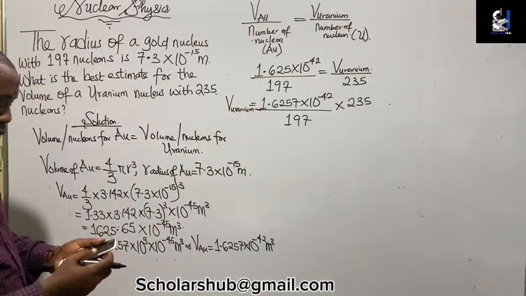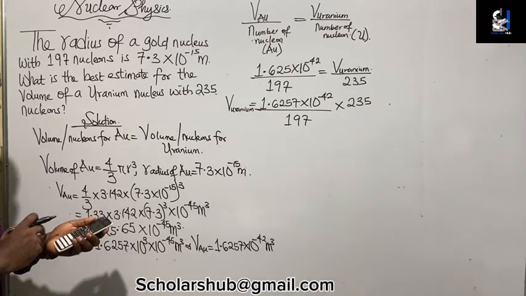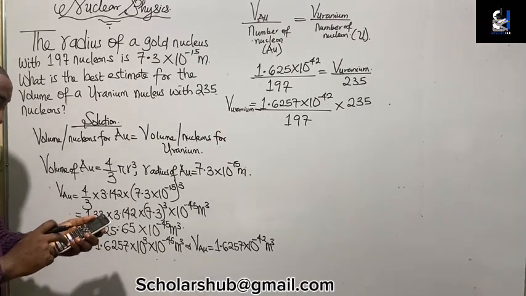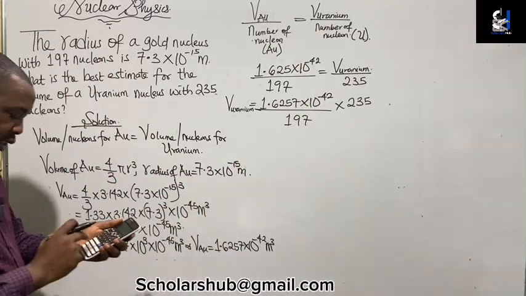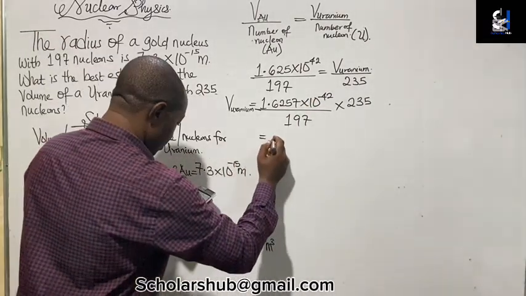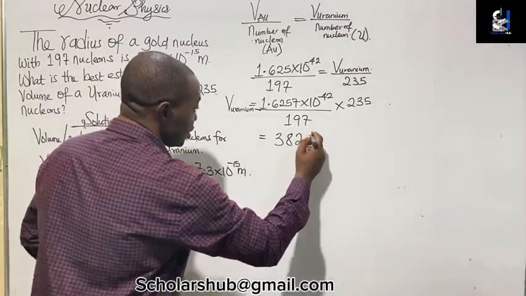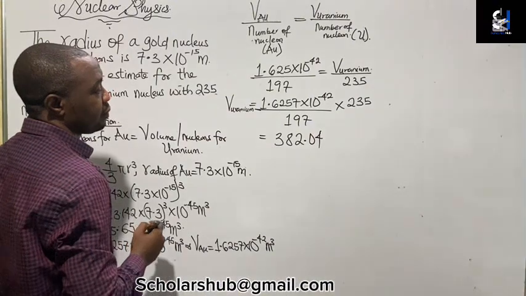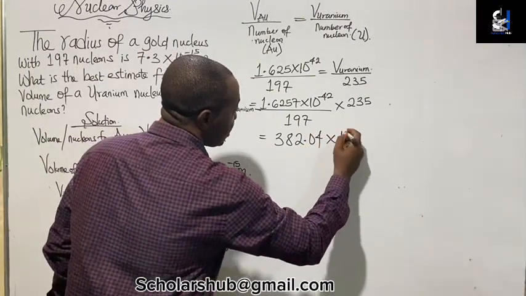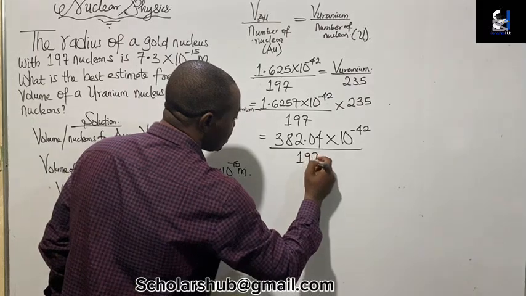Now let's get the value for 1.6257 multiplied by 235. That will be 382.04, then multiplied by 10 raised to the power of negative 42 divided by 197.